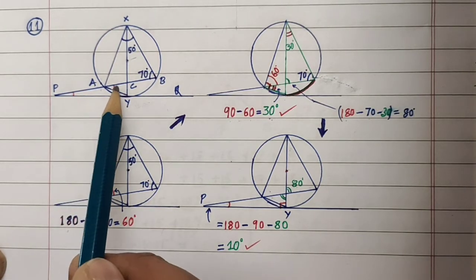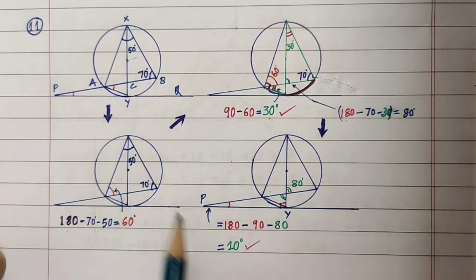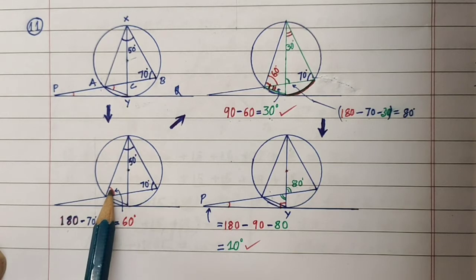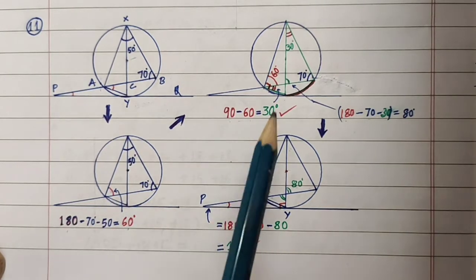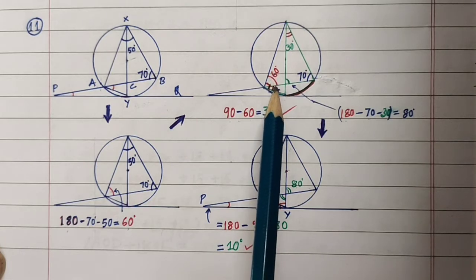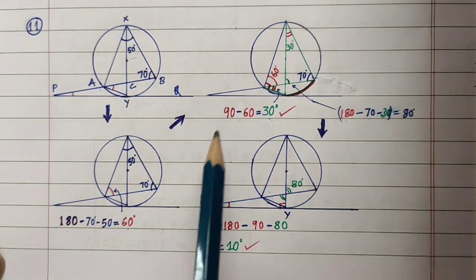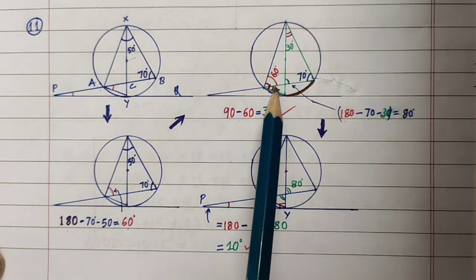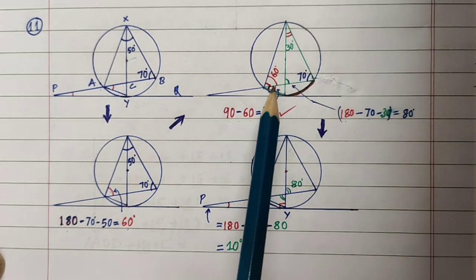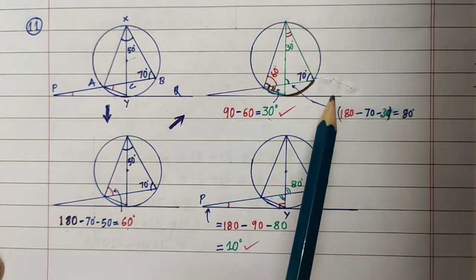We were asked to find out these two. We found out this has 30 degrees and this has 10 degrees. How did we get there? We found out first this triangle has 60 degrees and this has 90 minus 60. How did we get 90? We know that the angle in a semicircle is a right angle, therefore 90 minus 60 we got this. So this is 30. How did we get this 30? Because angles in the same segment are equal.